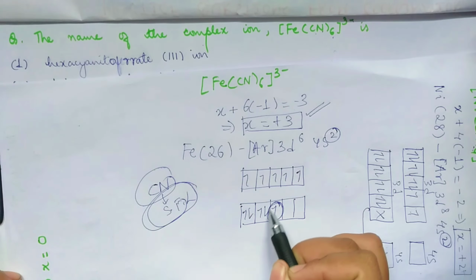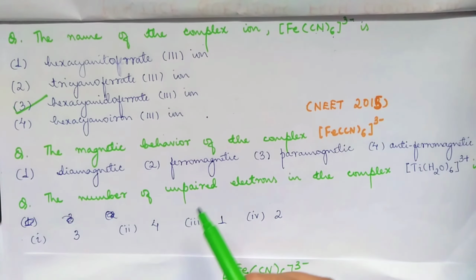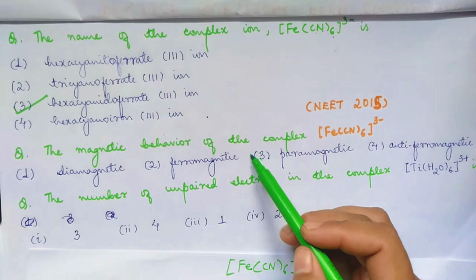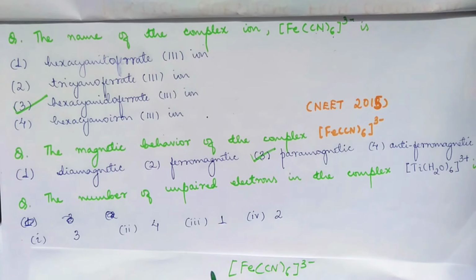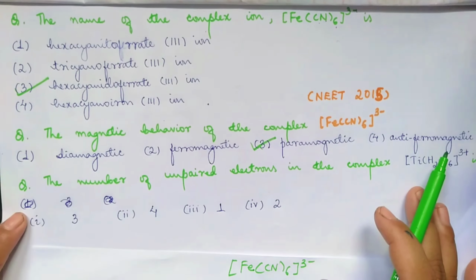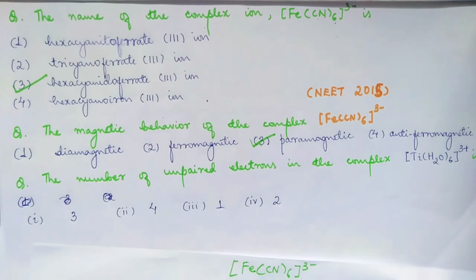Here we have 1 unpaired electron, which means that it is paramagnetic in nature. Paramagnetic. If there is no unpaired electron, it is diamagnetic. But if there is at least 1 unpaired electron, then it is paramagnetic. If there are many, then ferromagnetic. Clear? The last question. The number of unpaired electrons in this complex is what?